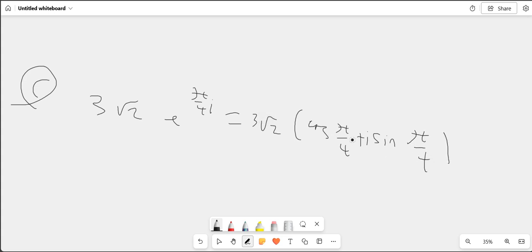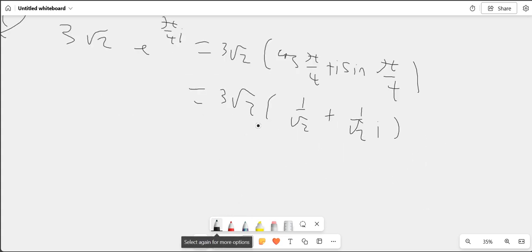So in the calculator, do cos π/4, sin π/4 times it by 3√2, and then you'll get 3√2 open bracket 1/√2, so that's cos π/4, plus 1/√2 i, yeah? And then expand this, √2 cancels √2, so you just get 3 plus 3i, yeah?